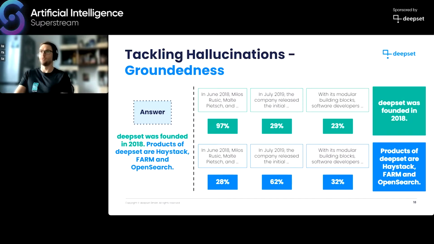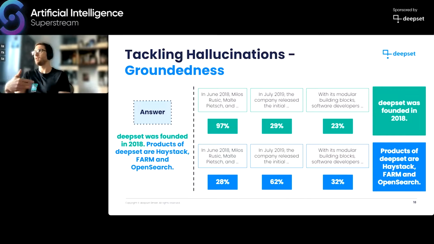So what can you do? Basically, if you had a model that can compare an answer sentence with the documents that you have fed into the model during RAG, and this emitted a value, like for example 97%, 29% of groundedness, which means the degree to which the answer is supported by the document.